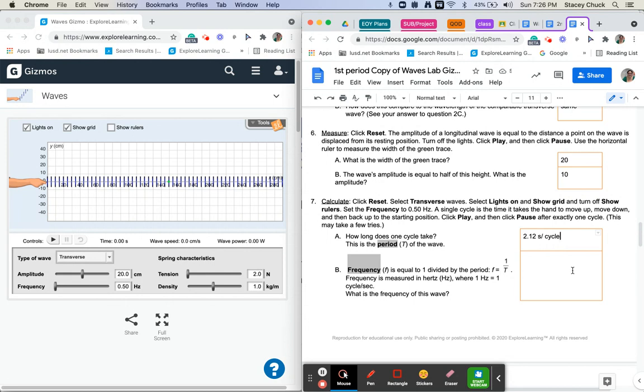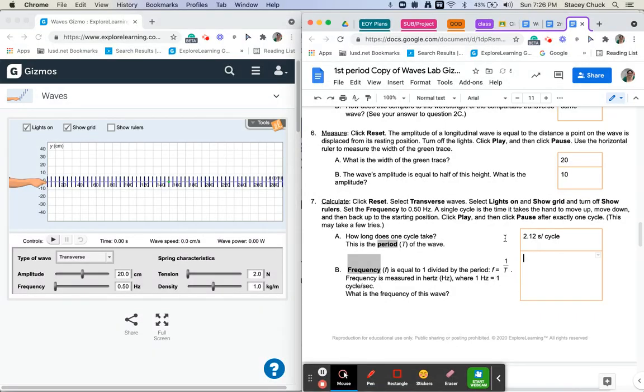So seconds per cycle. Frequency is the inverse of period. So that means that 1 divided by the period is the frequency. So if I were going to do that calculation, I would do 1 divided by 2.12.